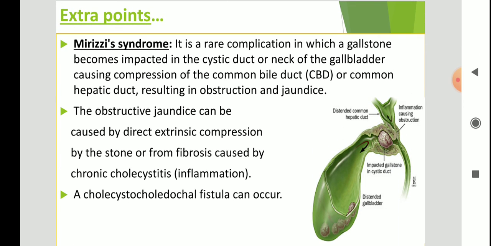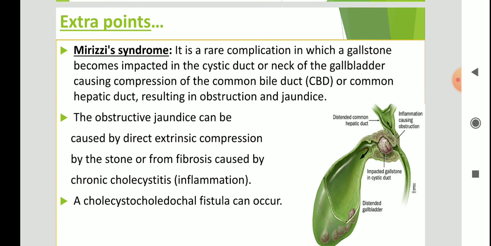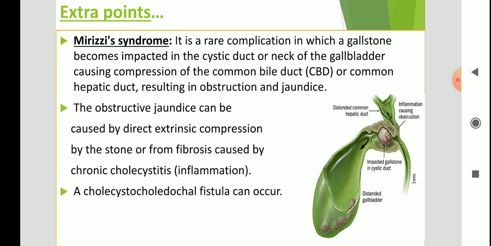Some few extra points there. Mirizzi syndrome, a viva question in your practical examinations. It's a rare complication in which a gallstone becomes impacted in the cystic duct or neck of the gallbladder, causing compression of the common bile duct or common hepatic duct, resulting in obstruction and jaundice.